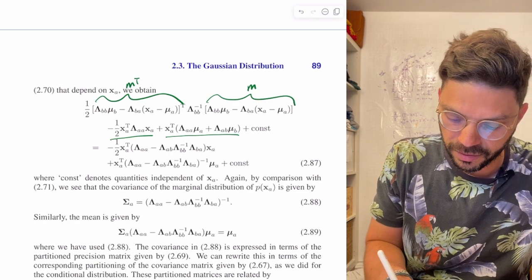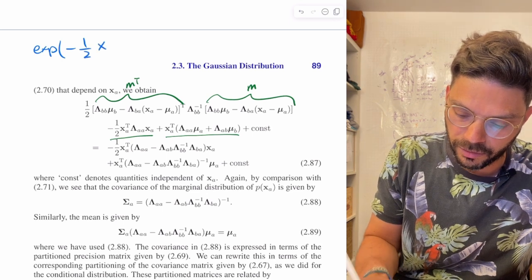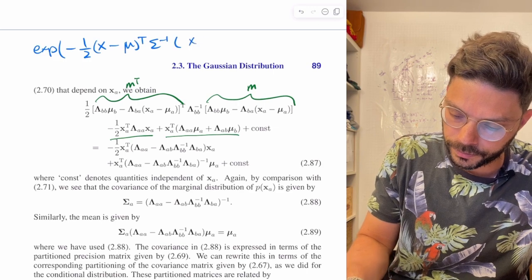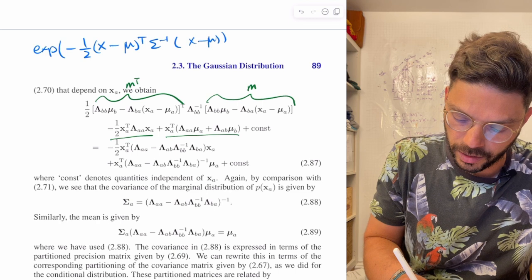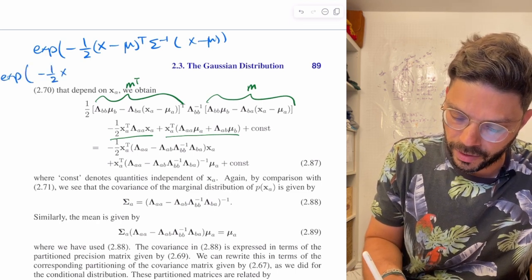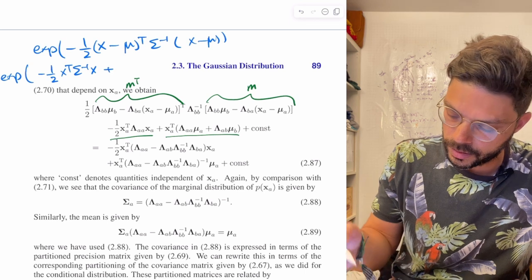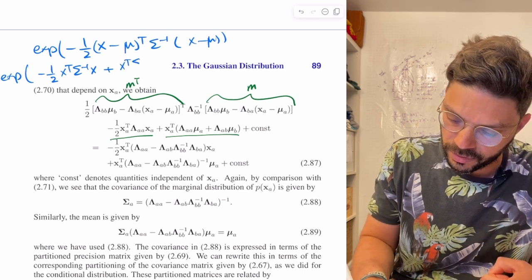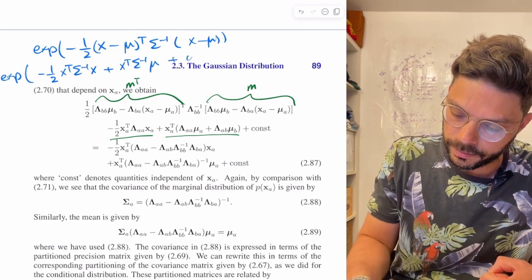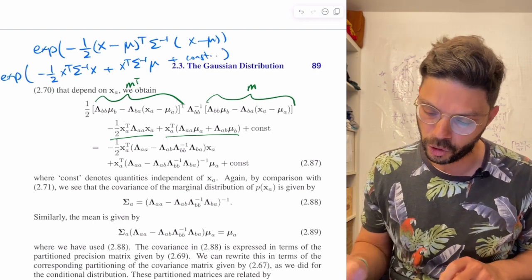Remember, for a Gaussian, it's going to be the exponential of minus 1/2 of x transpose sigma inverse x, plus x transpose sigma inverse mu, plus some constant that doesn't depend on x.